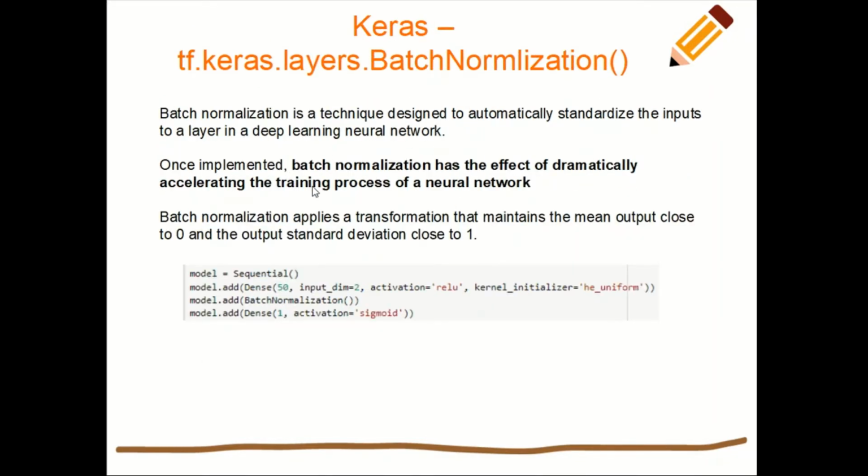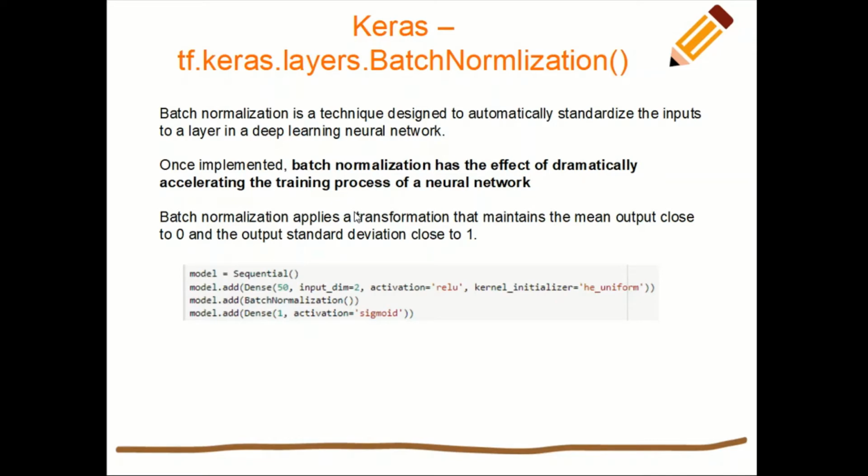Okay, another approach that we have for accelerating the training process and also stabilizing it is to do batch normalization. Because what can happen during the training is the output of certain layers can explode.